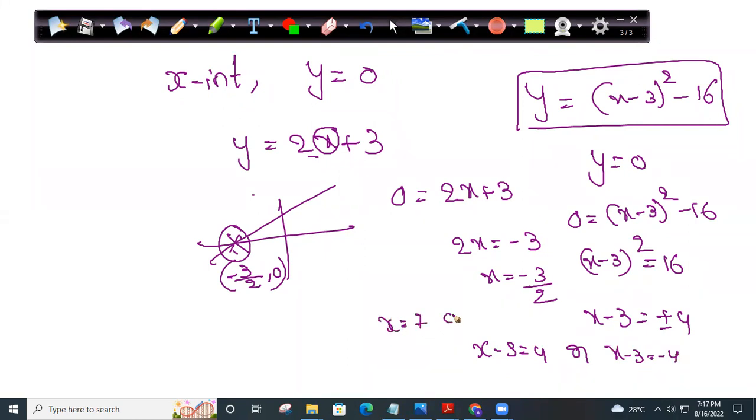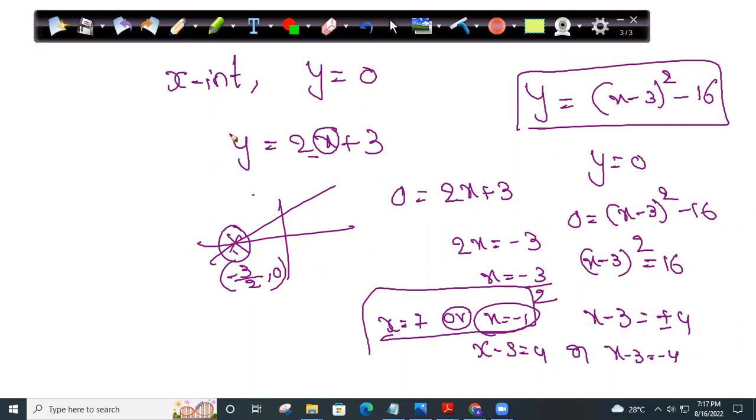Therefore, x is equal to 7, or x is equal to minus 1. These are said to be my x-intercepts.